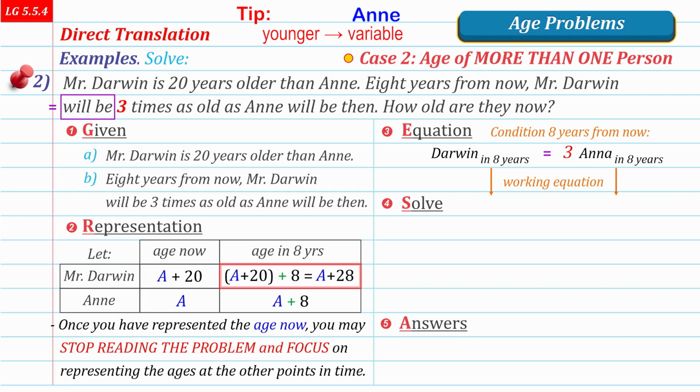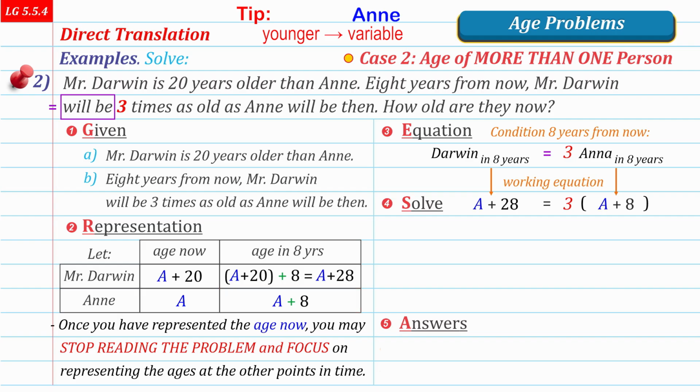So Darwin's age in 8 years is A plus 28. Let's substitute that here. Then let's write equal sign, then copy 3 times, and then replace Anne's age in 8 years with the value A plus 8. So this is now our working equation.